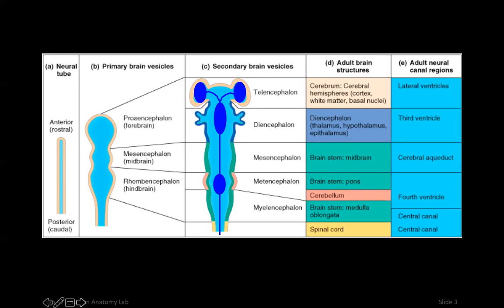The diencephalon is organized around the 3rd ventricle. The mesencephalon is organized around the cerebral aqueduct, which is a silly name because it's not in the cerebrum, right? It's not in the telencephalon, it's in the mesencephalon, the midbrain. Then the metencephalon is organized around the 4th ventricle, and the myelencephalon has the central canal that travels through it and continues into the spinal cord.